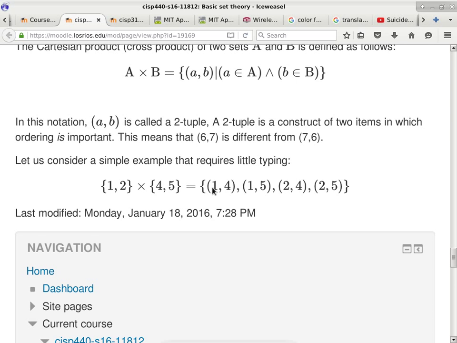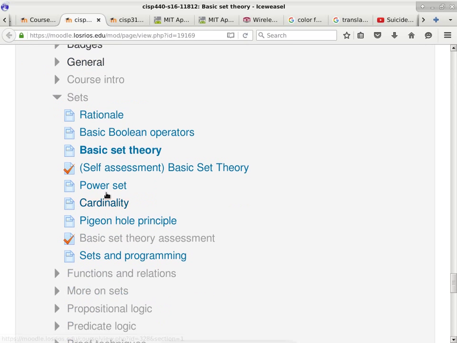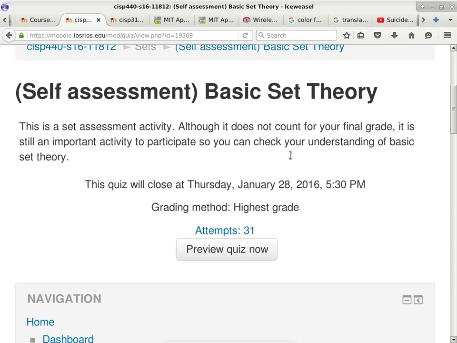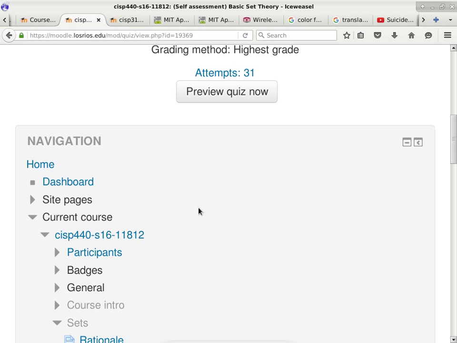This is really just something that we will talk about further down the road. And then we have the self-assessment. The self-assessment is really just all about basic set theory, so there should not be anything that's surprising.